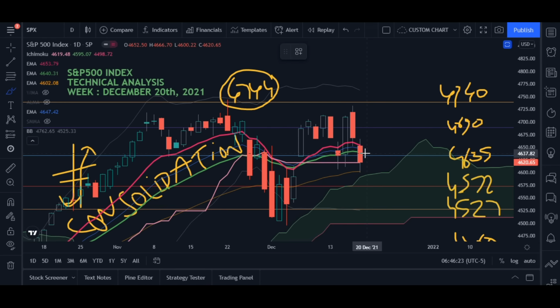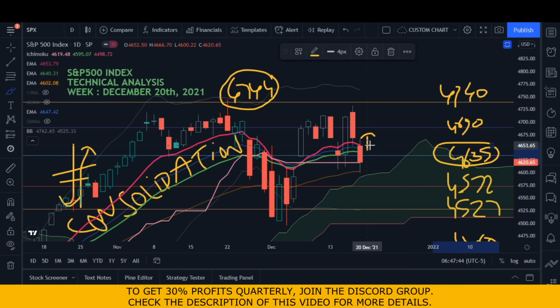In almost all of my technical analysis I'm telling you this, 2 consecutive candles. So if on 2 consecutive days the market is able to close above 4635, there are chances that it will be able to close above the moving averages, and in that case it may move up, because in that case it will be bullish.